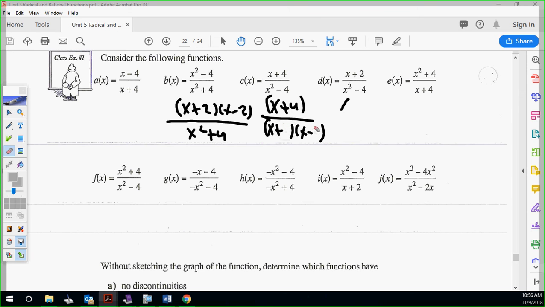The next one is x plus 2. That's the one that we can do. This point of discontinuity. The one on the right there, that doesn't simplify at all. Okay. This one simplifies a little bit.